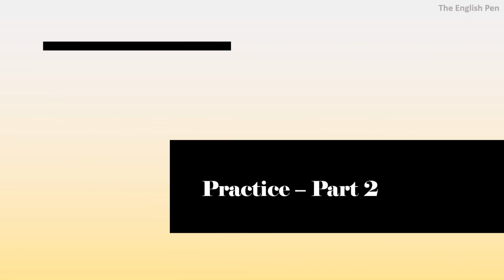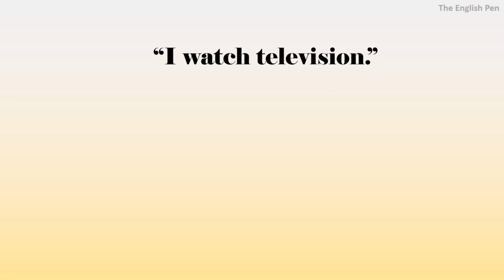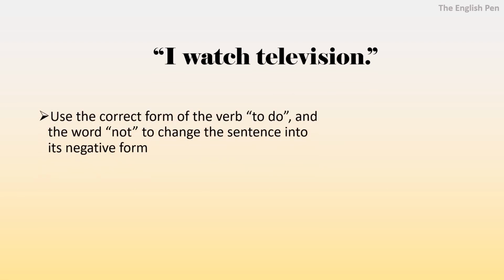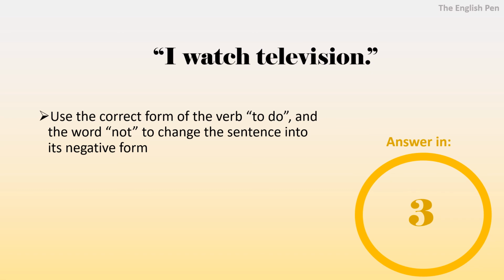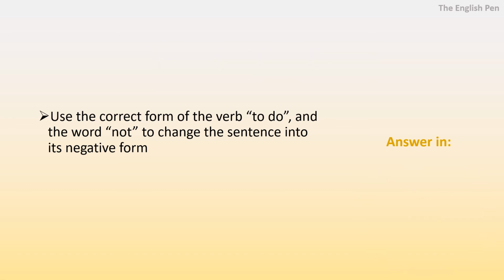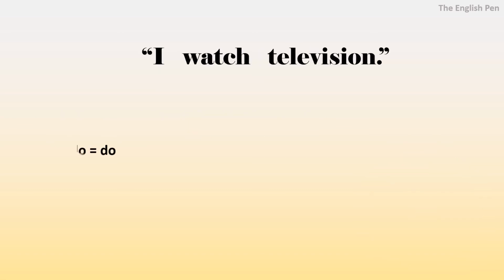Here is some quick practice for the negative form. In the following sentence, I watch television. Use the correct form of the verb to do and the word not to change the sentence into its negative form. First of all, take the base form of to do, which is do.